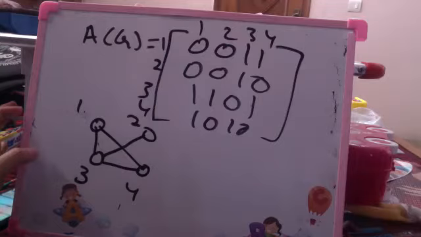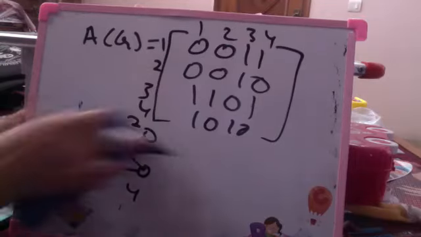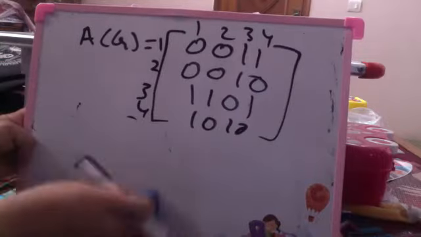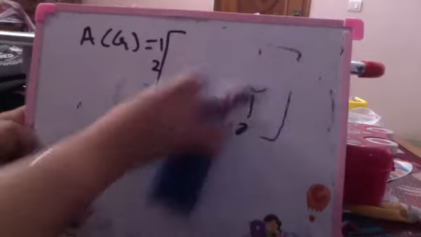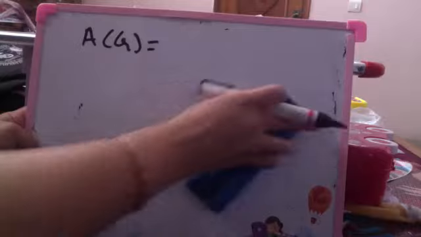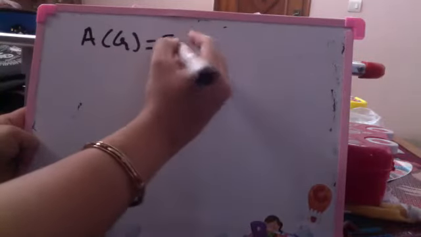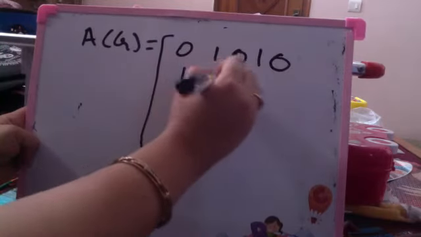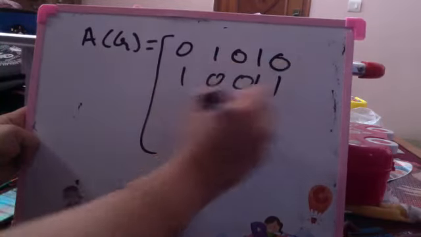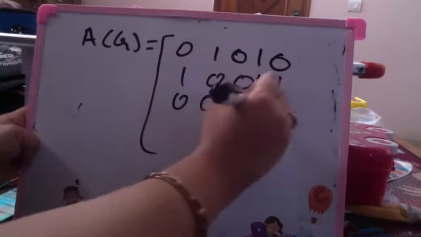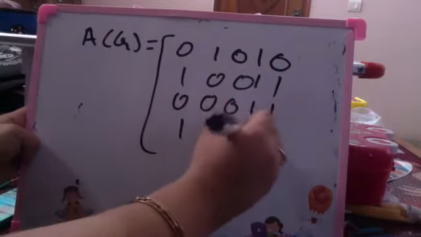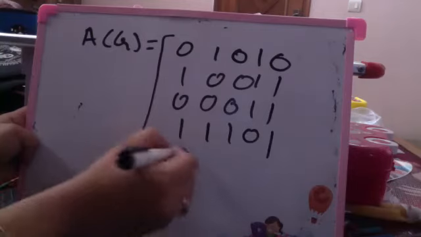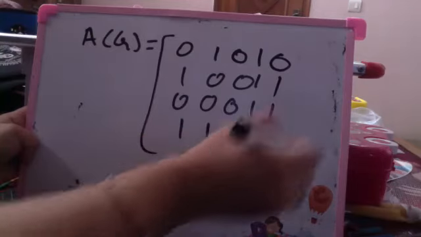So I'll just give you an example for your homework. You try that. In case there is any doubt, please let me know. I'm not giving you the answer to the question yet. There is another graph which is 0 1 0 1, 0 1 0 0, 1 1 0 0, 0 1 1 1, 0 1 0 1 1 1 0 and so on.